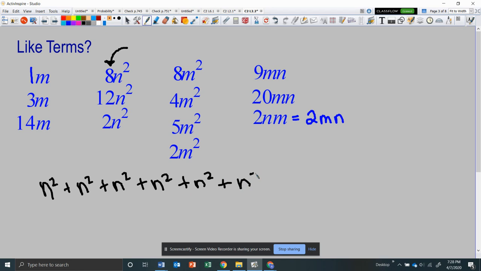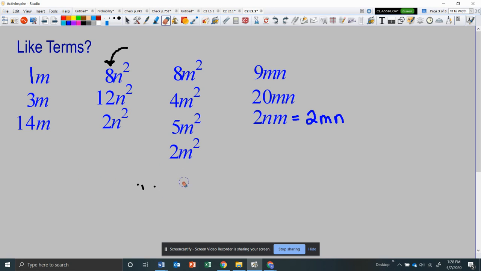That's 5. There's 6. There's 7. There's 8. And I could add 12 more of those and then 2 more of those. That would take me a really long time. So if I can understand that really all I have to do is add the coefficients of the like terms, then I can see that I can combine them pretty easily, okay?